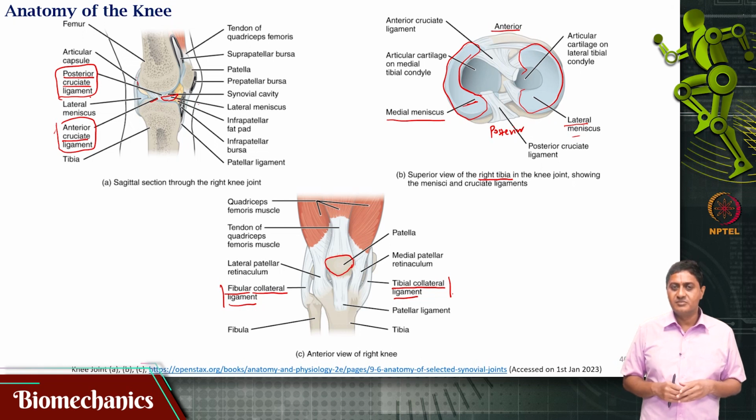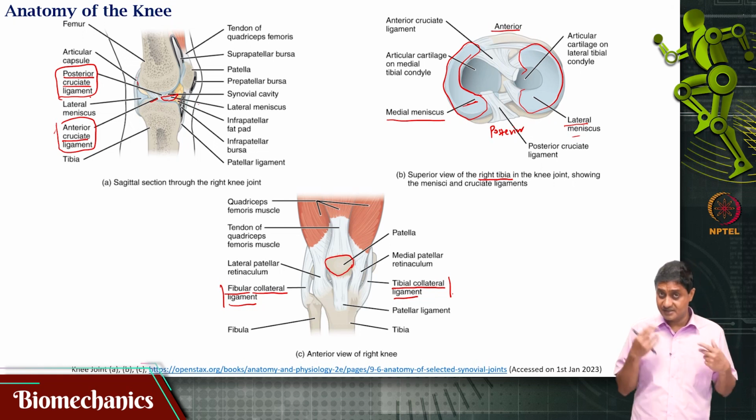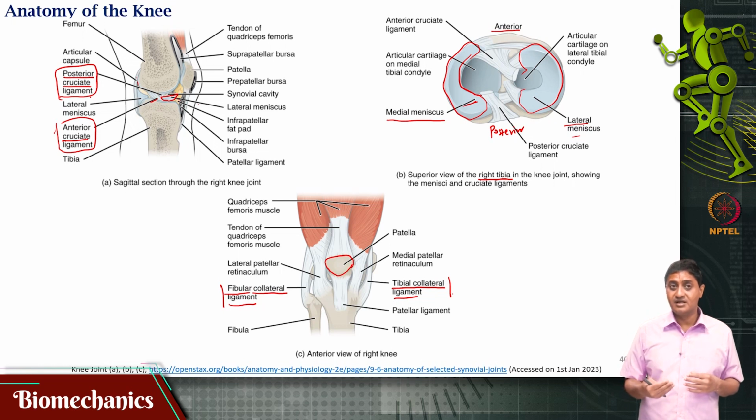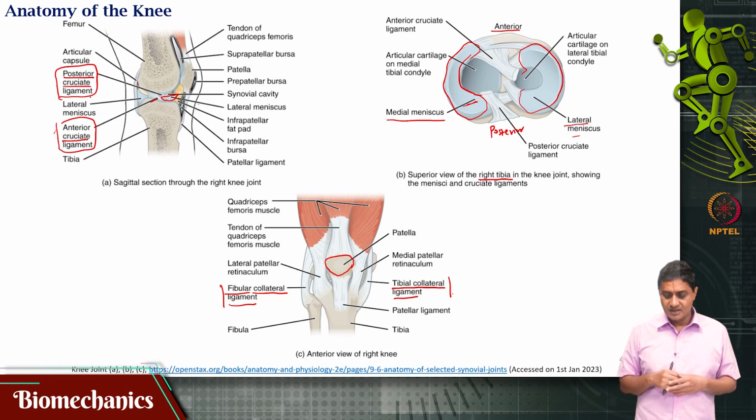Those on the same side are called collateral ligaments. There are 2 of these, the fibular collateral ligament and the tibial collateral ligament. Those that cross over are called cruciate ligaments, and there are 2 of these, the anterior cruciate ligament and the posterior cruciate ligament. And there is padding between the tibia and the femur, called the meniscus, the medial meniscus and the lateral meniscus, and the functions of each of these are discussed.